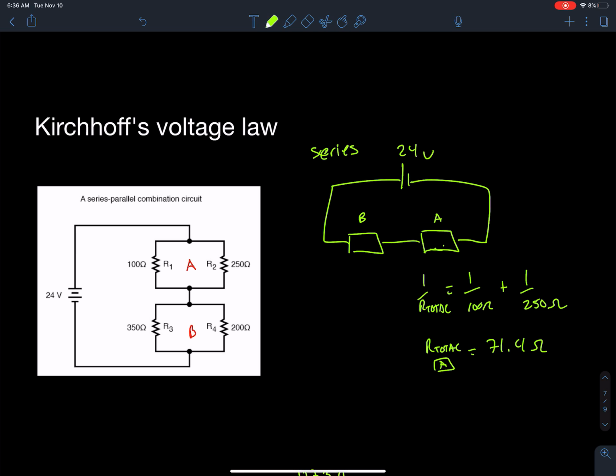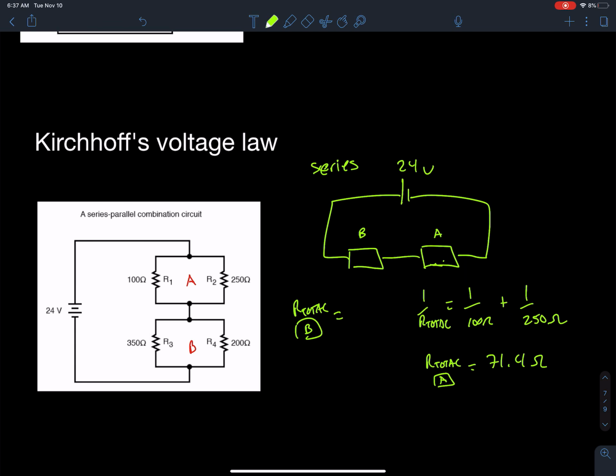So the total resistance of that branch is 71.4 ohms, as if that charge is just going through that entire branch. And if I do the same process here for B, where 1 over 350 plus 1 over 200, I get that our total for that B branch is going to be equal to 127.3 ohms.